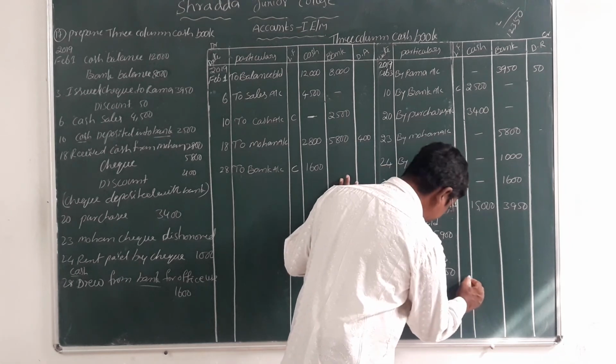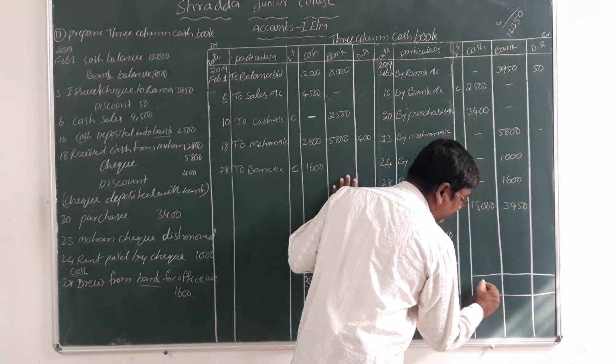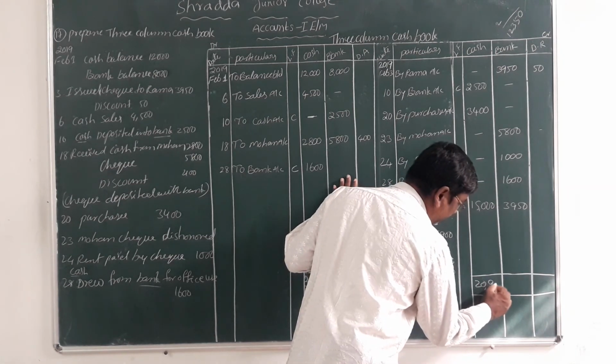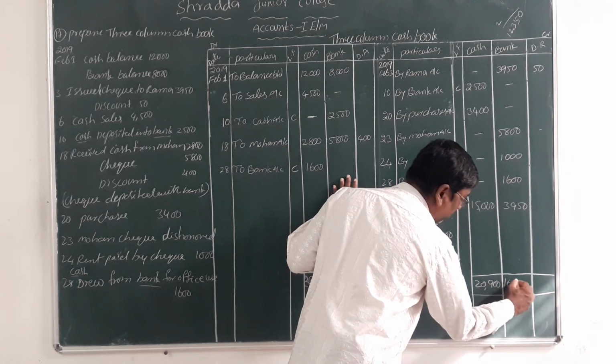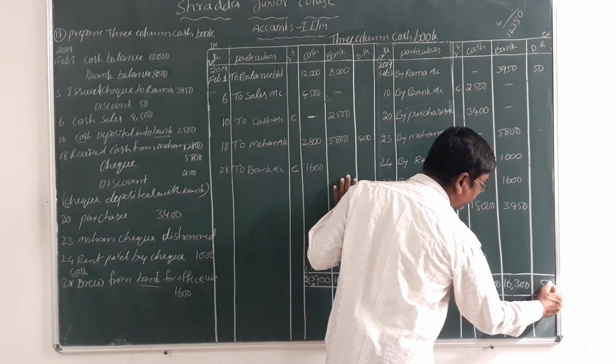Here write down balance carried on 3,950. Now we can take the total amount of cash, bank and discount. Cash is 20,900. Bank is 16,300. And discount received is 50 rupees.